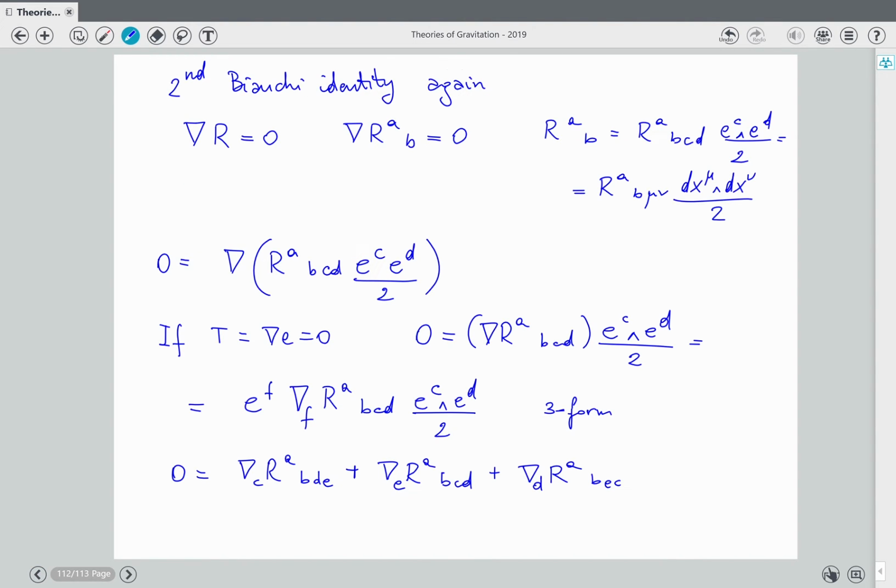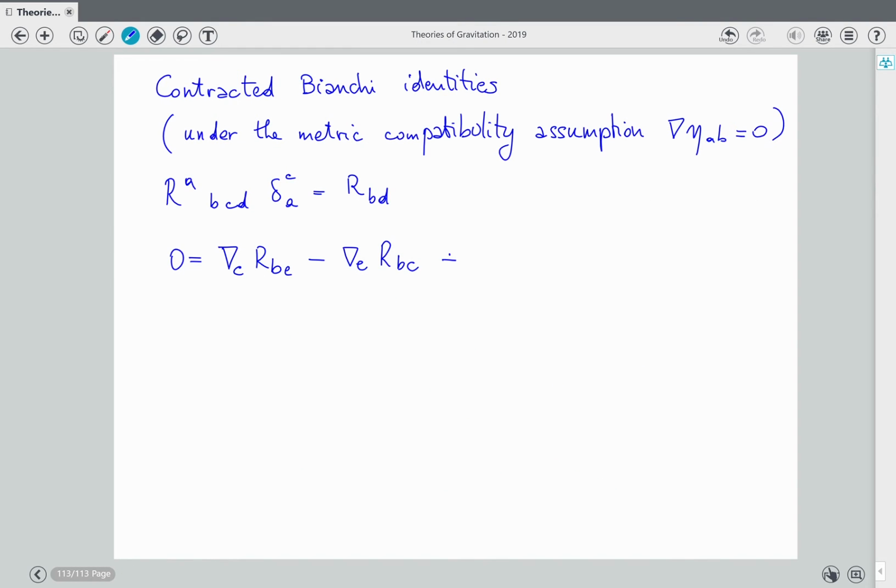The last term is del D, which is contracted with A, so you just leave it like that, R A B E C. So this is a contracted version of the Bianchi identity, which gives you something like the divergence of the Riemann tensor, which is a derivative contracted with an index.